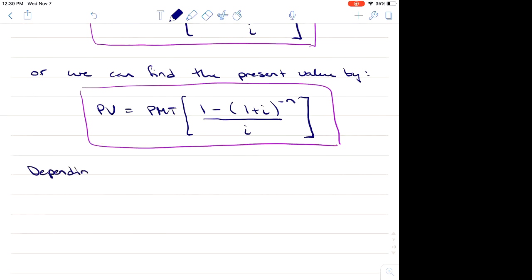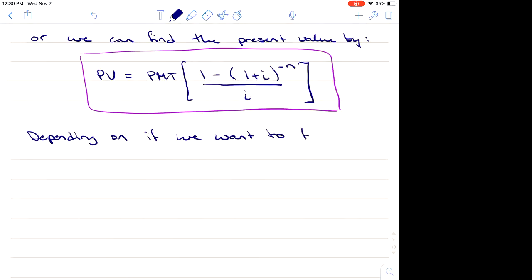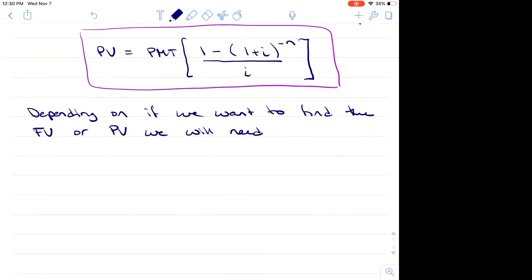So depending on if we want to find the future value or the present value, we will need to pick the appropriate formula.